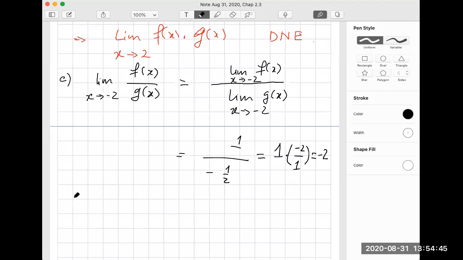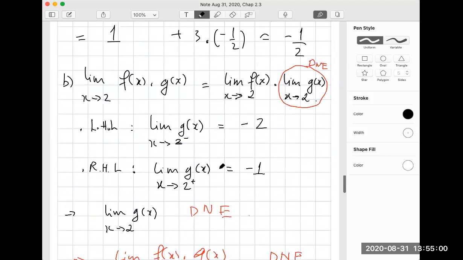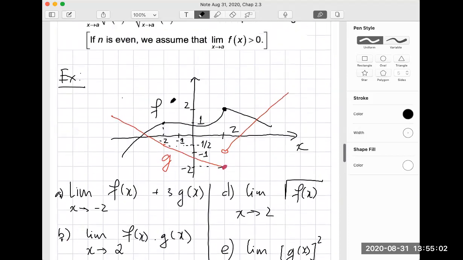So D, in D we need to compute the limit of the square root of f of x when x approaches 2. We see that the function f of x is above 0 here, right? In the y direction at 2. So we're good. It is positive.